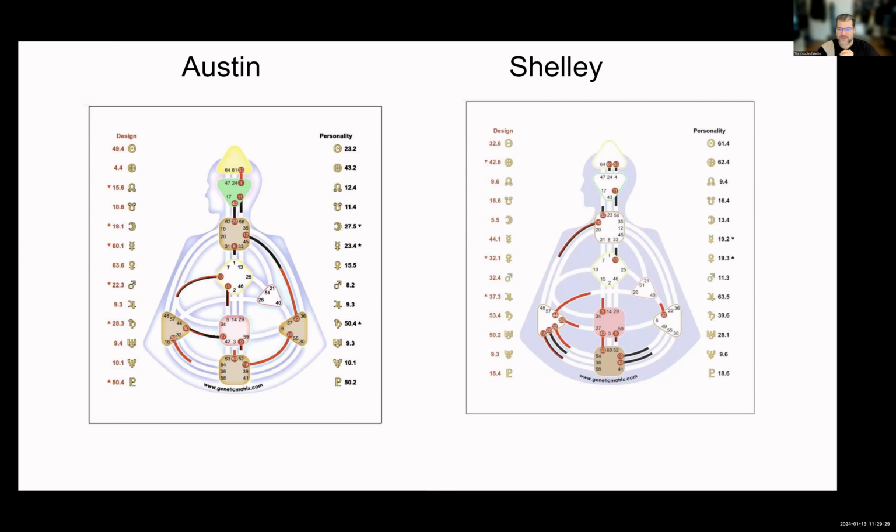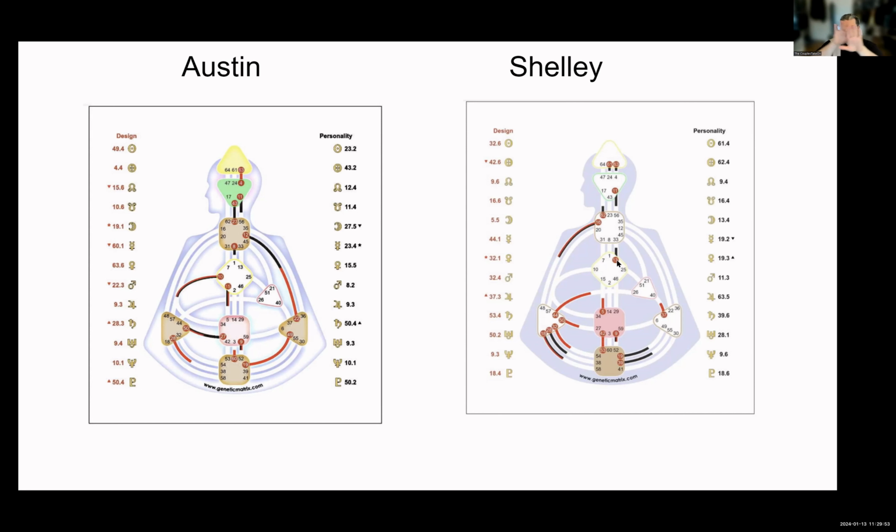So I thought that was interesting that we both had it completely open. And then on mine, the head and the ajna and the throat are all connected, right? And then in the middle on number 8, it's open to the 1. But then Shelly has something on the 33 to 13 channel.